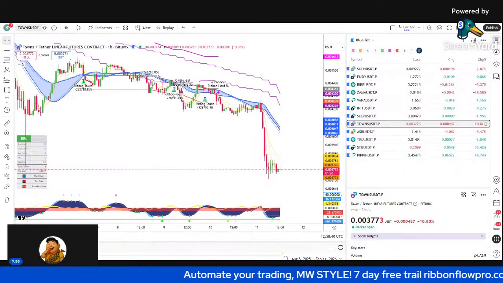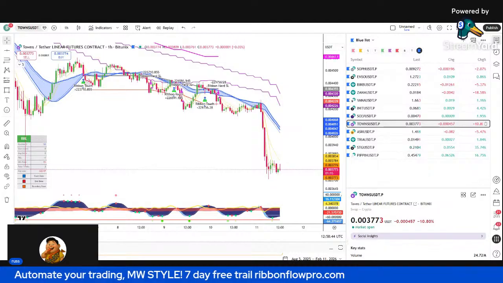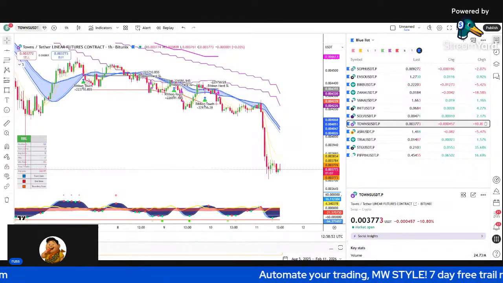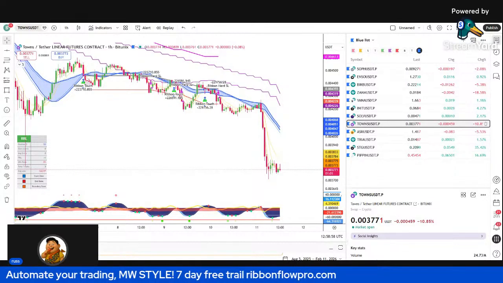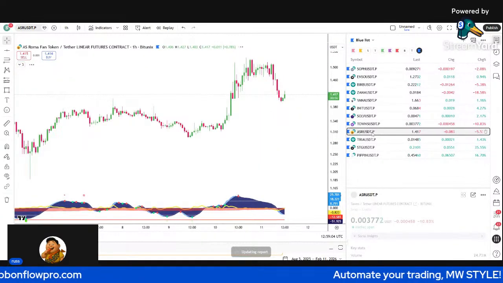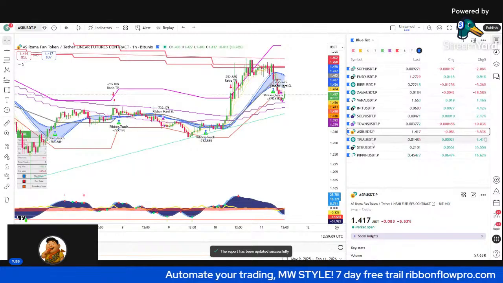I'm just going to look at something on Solve. Okay, not too much interest on Solve. The fan token. So yeah, we've got a nice little selection of coins today.